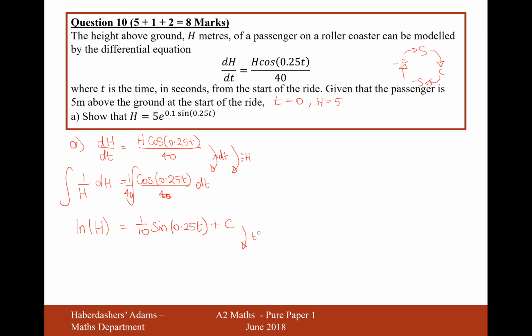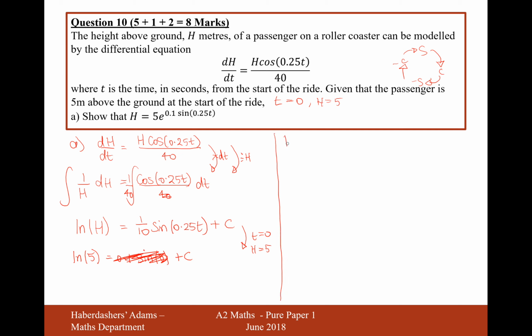What we'll now do then is plug in t equals 0 and h equals 5 to work out what this plus c is. So it's going to be ln 5 equals 0.1, we'll write it as 0.1, this 1 over 10, it's the same thing, sine of 0, well that's just 0 anyway, so that just all disappears, and then plus c, so c is ln 5.